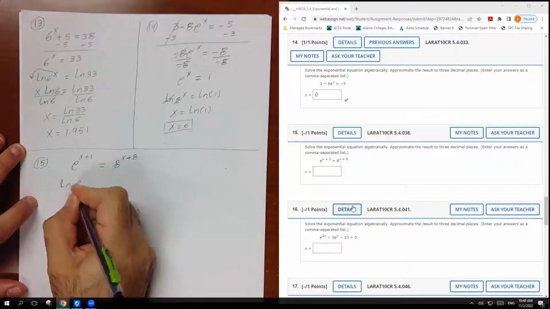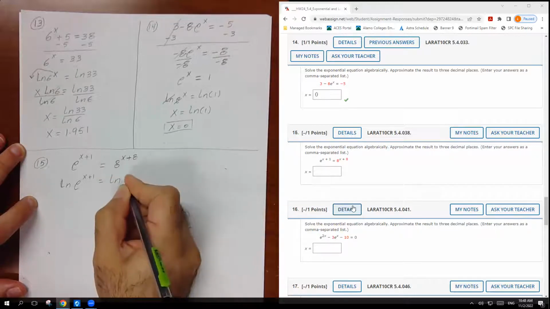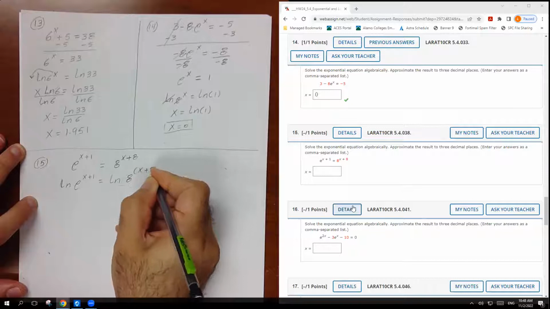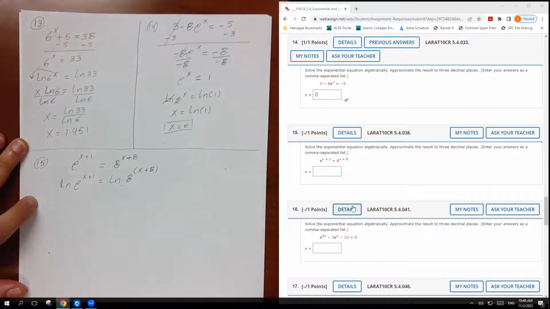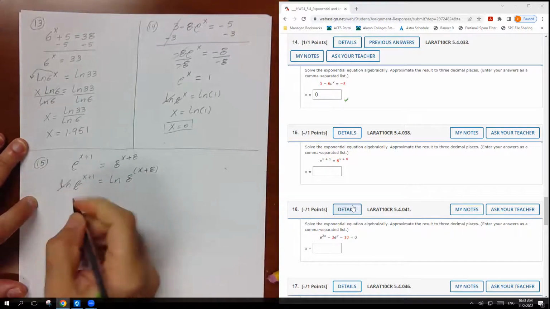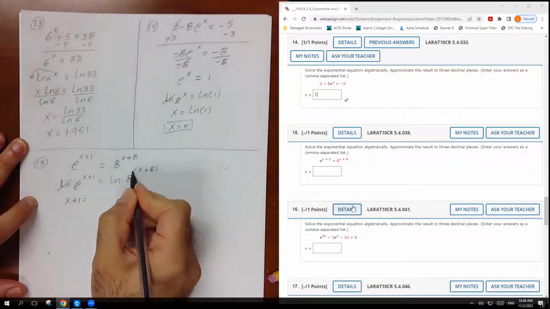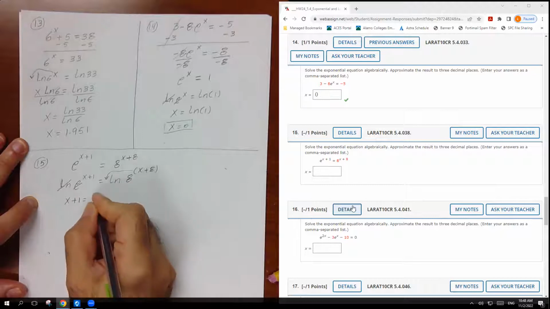So ln e to the x plus 1 equal ln 8 to the x plus 8. I'm going to put parentheses here. It's not going to change anything. Cancel these. So x plus 1 is going to be equal. You're going to use the power property, move the exponent.